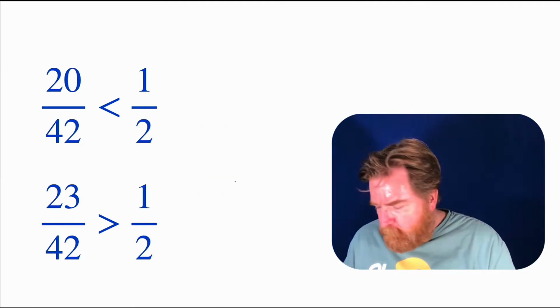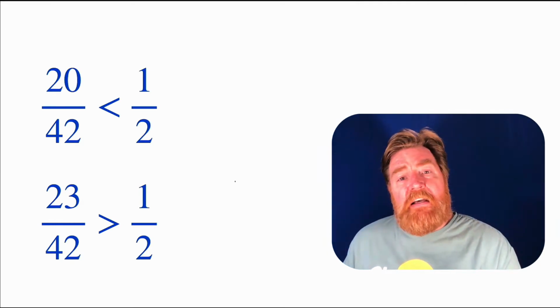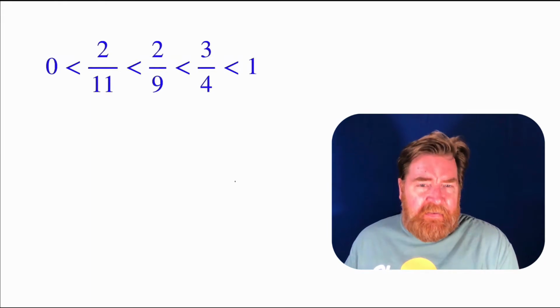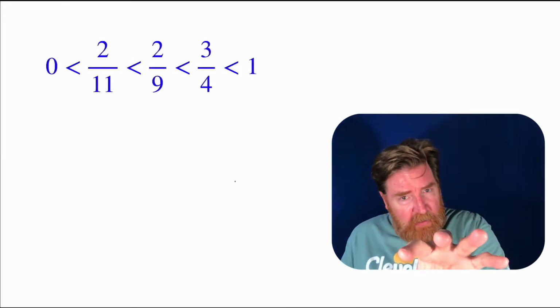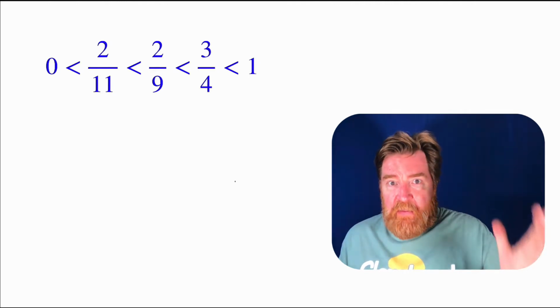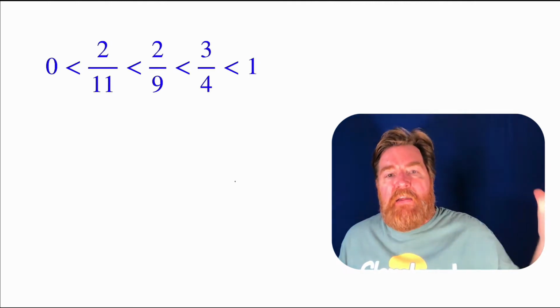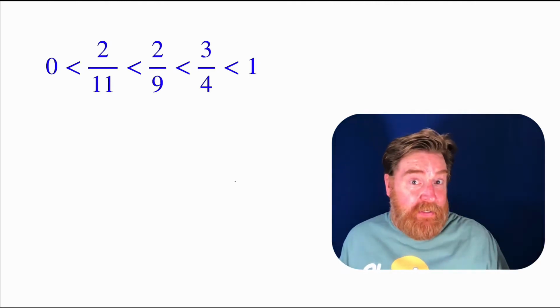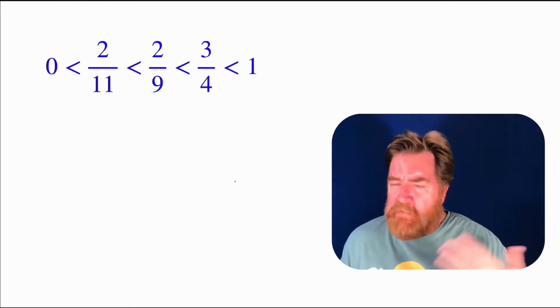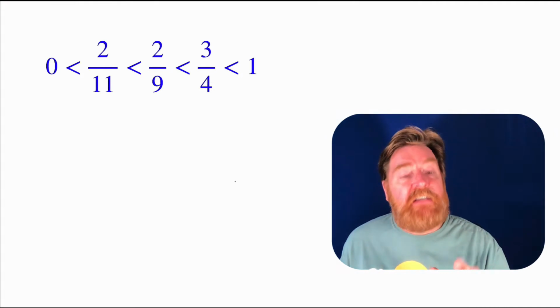All right. Well, that brings up the idea of comparing the sizes of numbers just in general. And here's a list. So these numbers are correctly ordered. 0 is the smallest, then 2/11ths, 2/9ths, 3/4ths, and then 1 is the biggest. Now, some of these things should make total sense, just way beyond obvious.